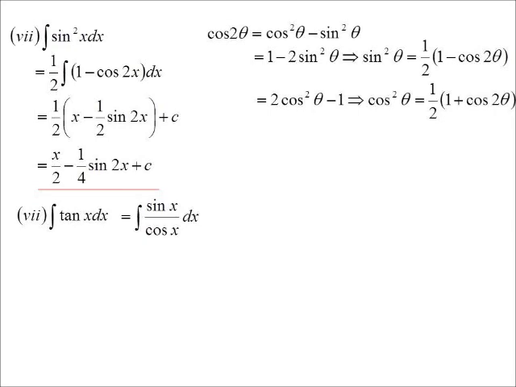Almost. Because of course the derivative of cos x is minus sine x. So I'd actually like minus sine x on top. To balance that out, I put minus out the front. I now have derivative on function, so that integrates to be the log of cos. So minus the log of cos.